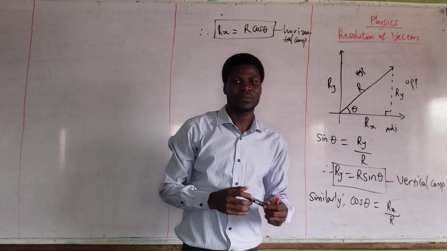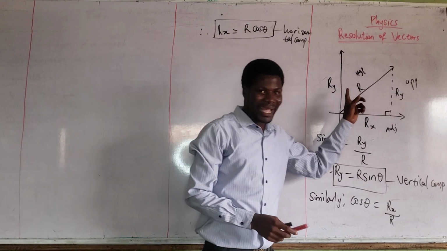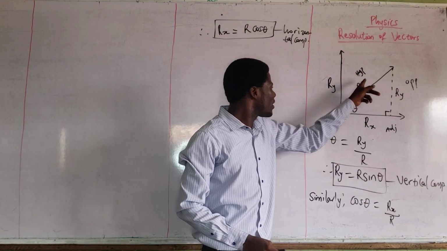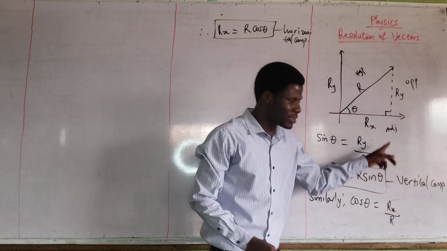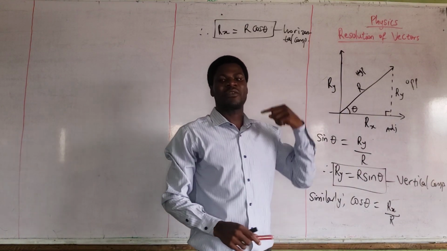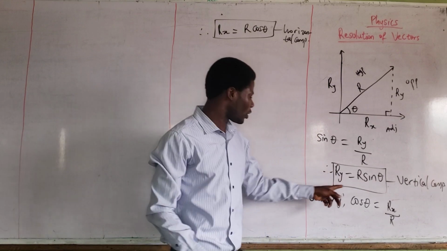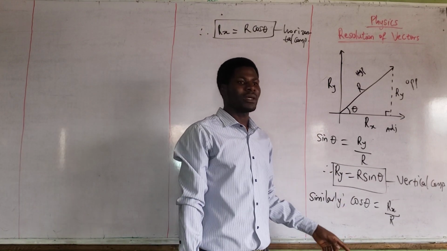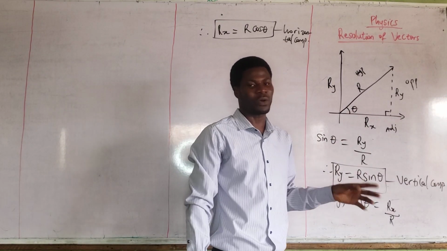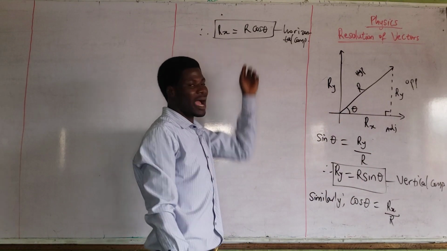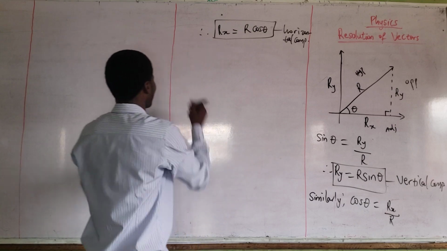Remember what I said, that in this case, they will give you the resultant, then ask you to look for the two vectors that will make up the resultant. If you want to get the vertical component of that vector, it is R sine theta. R can be any vector, can be force, can be velocity, can be any vector. Then the horizontal component is R cos theta. Let me give you an example.